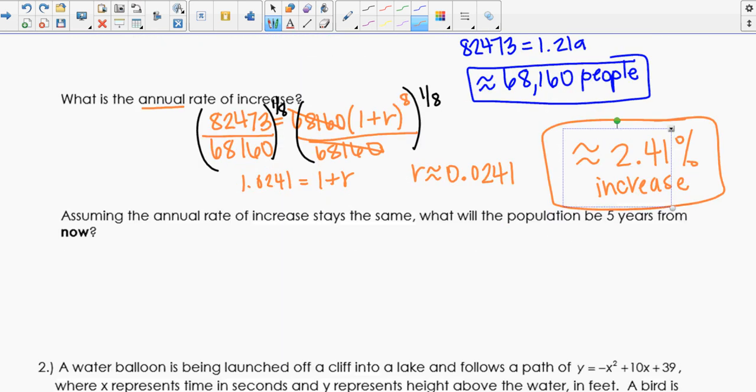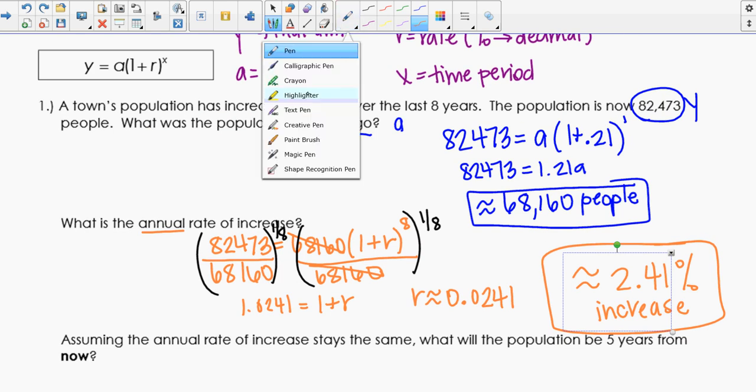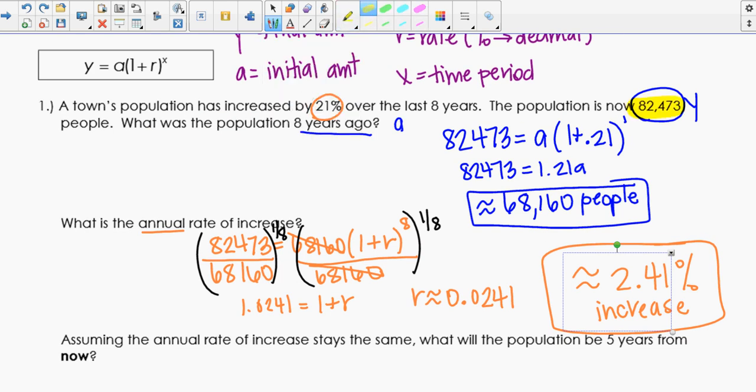Now, the next question says, assuming the annual rate of increase stays the same, what will the population be 5 years from now? Okay, so you guys think now. Now, we're talking the population of this. This is what now is. Okay, so there's two ways you can look at this.